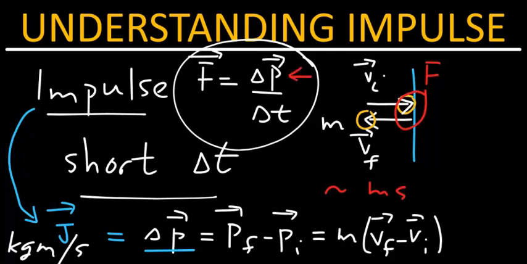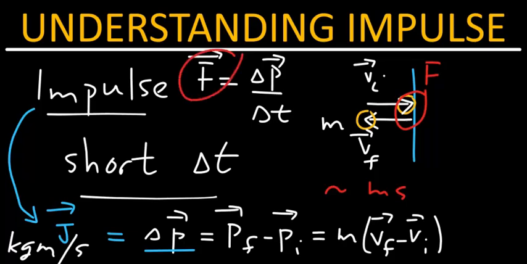Since we have the change in momentum associated with the ball and the contact time is delta t, there must be a force associated with that collision. This expression is just another form of Newton's second law of motion. So what causes the momentum of the ball to change is that force being exerted by that rigid wall on that ball.